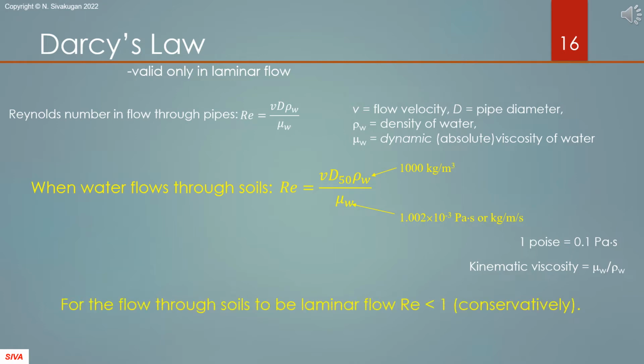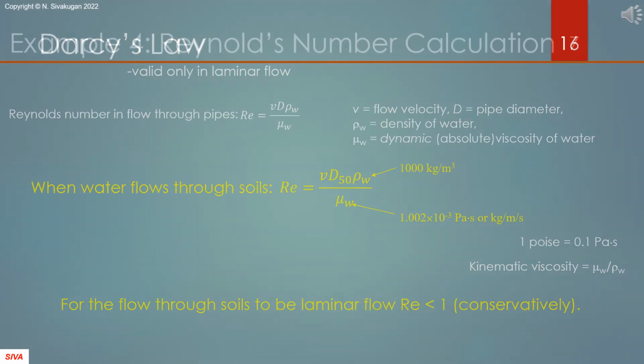You will remember Reynolds number you came across in fluid mechanics for pipe flow. This is a dimensionless number. We use the same expression in groundwater seepage and replace the pipe diameter by D50. We can say if the Reynolds number is less than 1 in flow through soils, it can be assumed as laminar flow.